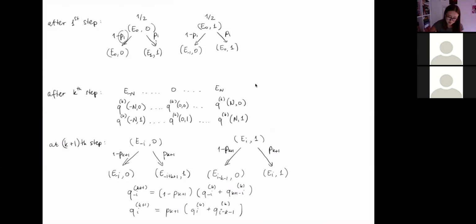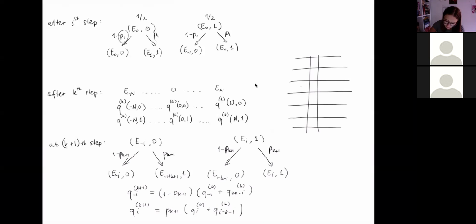Here I made a bit of a leap going from these probabilities, which only depend on the particular state of the battery and the system, to going to just probabilities, which is a bit of cheating, but let me explain. So again, we're looking at this process which we can mathematically describe as a random walk.